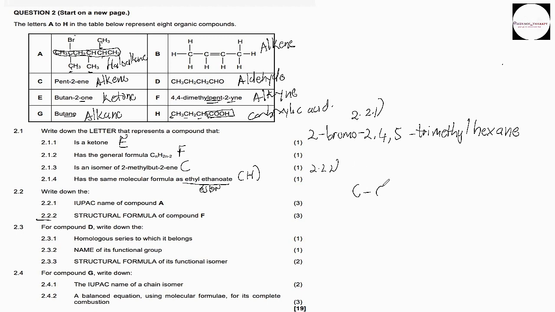So that's 1, 2, 3, 4, and 5. In number 2, we must have our triple bond because of -yne. Then in number 4, we must have our methyl branches. So 1, 2, 3, 4. It's a methyl branch here, and below another methyl branch.